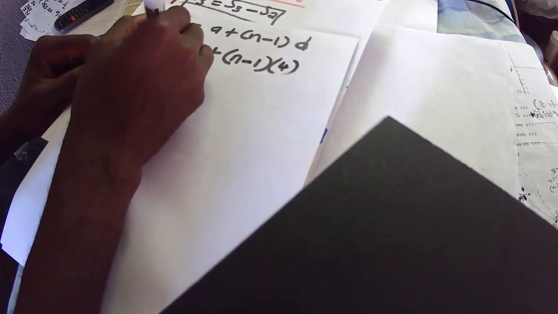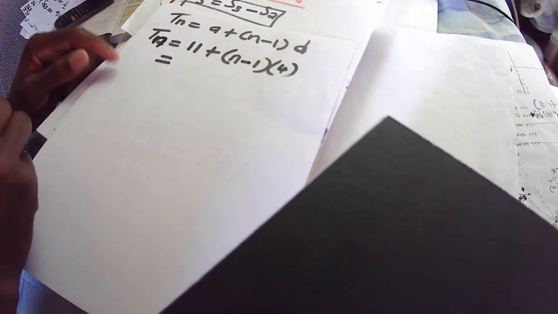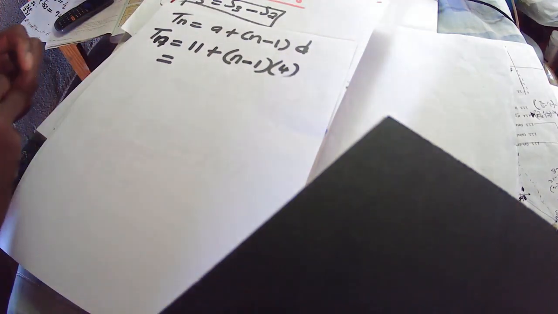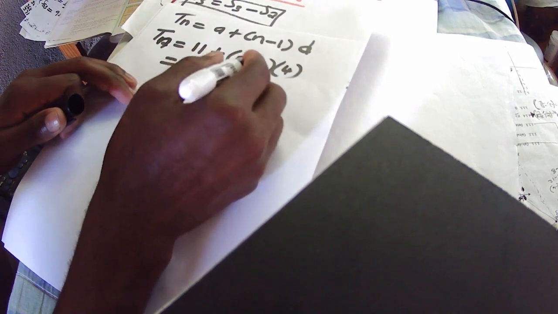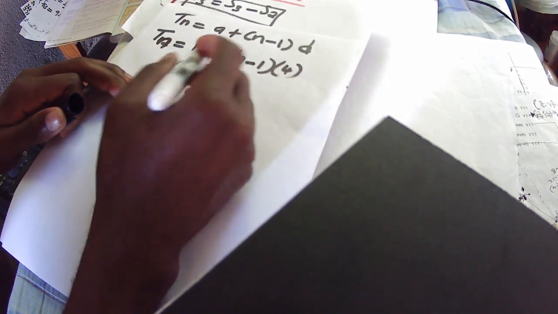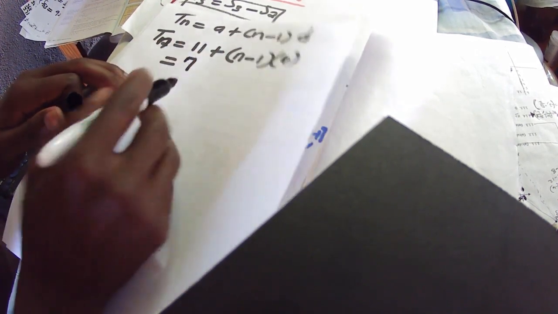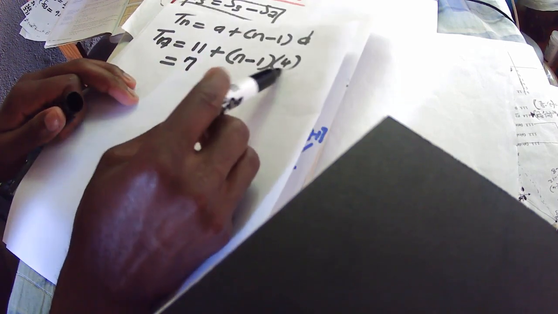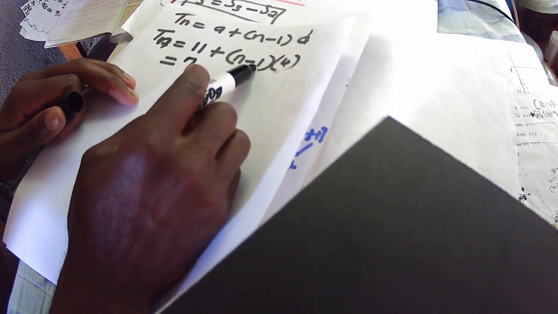So what is it that we receive from here? We receive 11 minus 4, that is 7. If you check here, we multiply 4 into negative 1, that is negative 4.